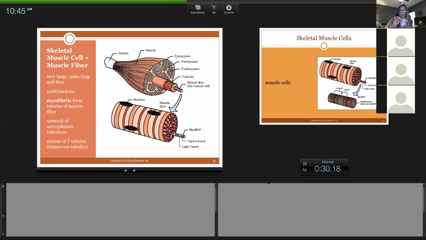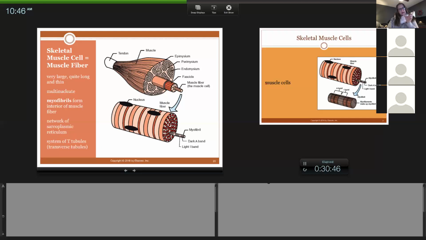Myofibril literally means muscle fiber. They have multiple nuclei within this cell, this muscle fiber, muscle cell, and they are a series of tubules. So all these muscle fibers form tubules. They're all connected, and then they all make up that muscle belly. So we're looking at what is happening with one. That's how we're going to explain.